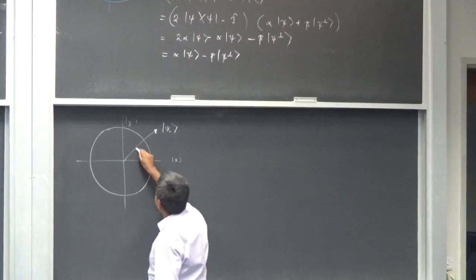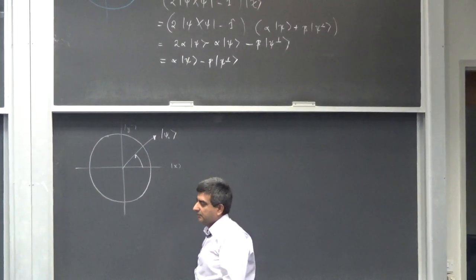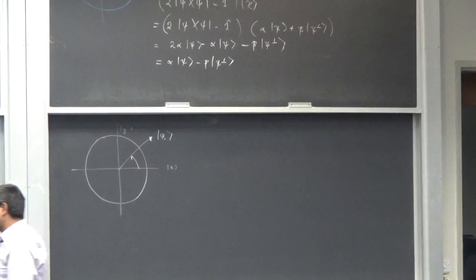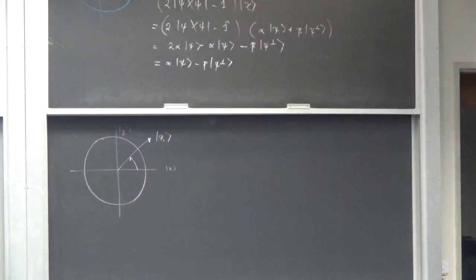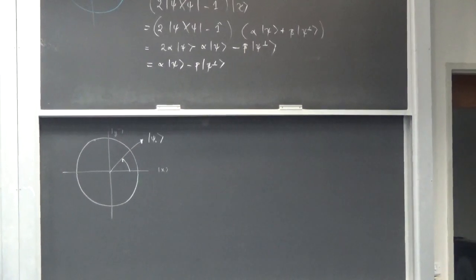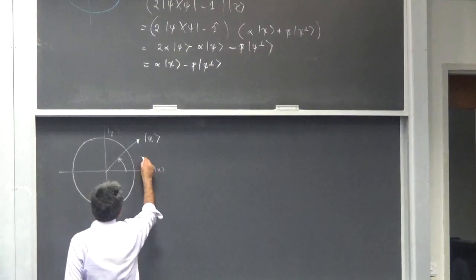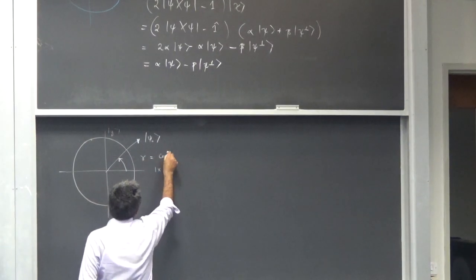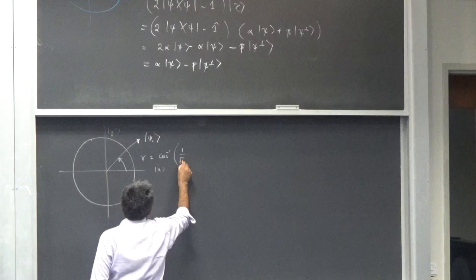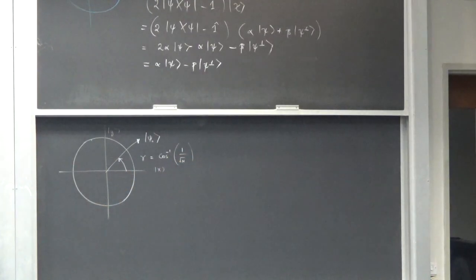What is this angle? The cosine of this angle is, so I take this state, find a projection along ket x, this will be 1 over root n. So this angle here, let's call it gamma, is cosine inverse of 1 over root n. Right?